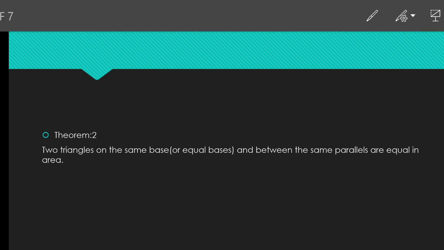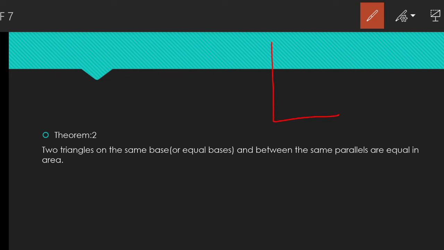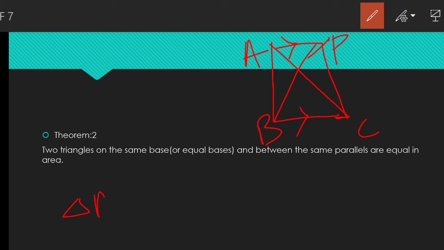The next theorem that we have: two triangles on the same base and between the same parallels are equal in area. So suppose we have triangle ABC and triangle PBC.